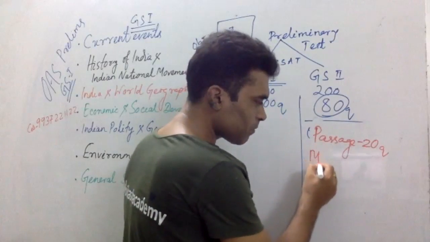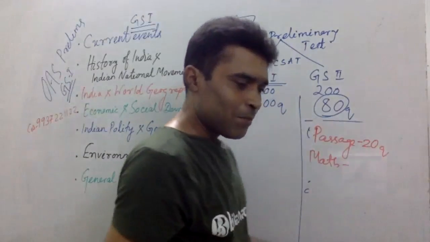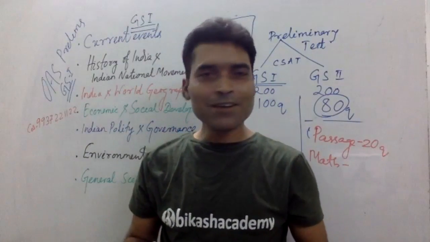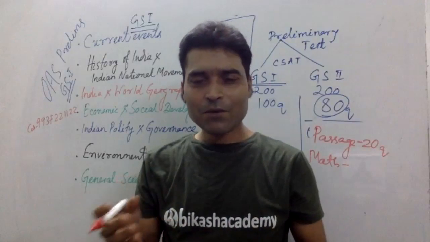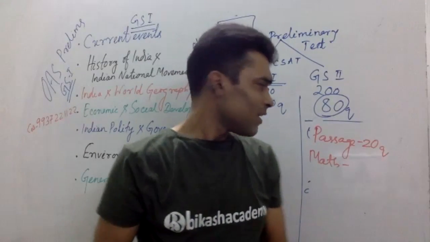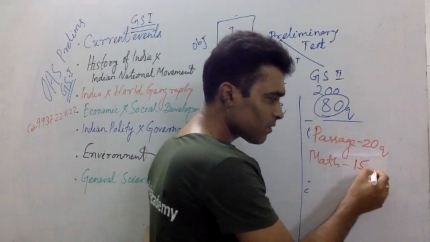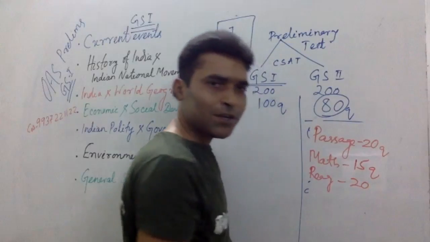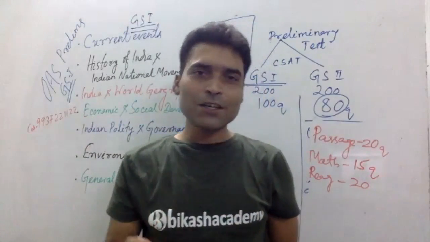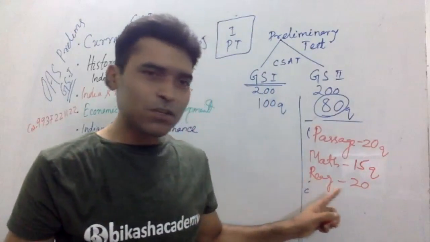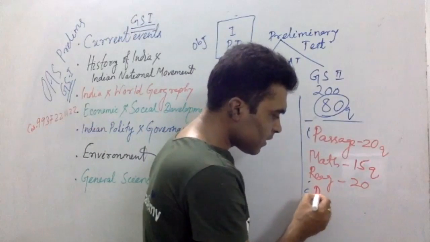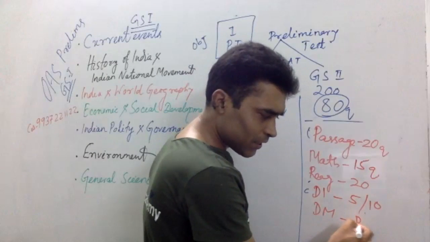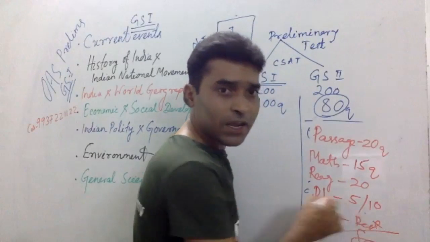Then math: HCF, LCM, percentage, time and work, time and distance, train-related questions, around 15 questions. Reasoning, for example 20 questions: puzzles, direction tests, all kinds of reasoning. DI, data interpretation, 5 to 10 questions, and decision making, supposedly, and the rest.